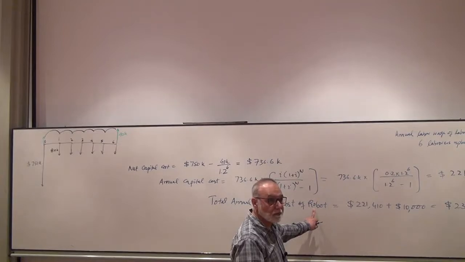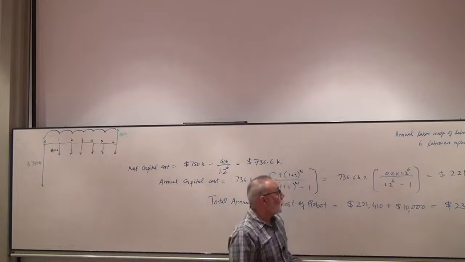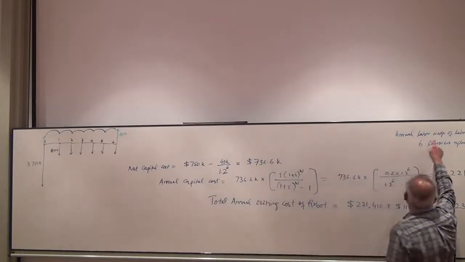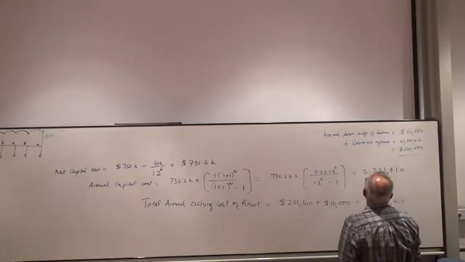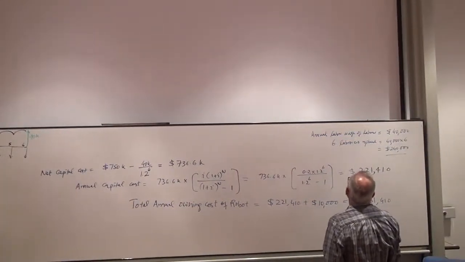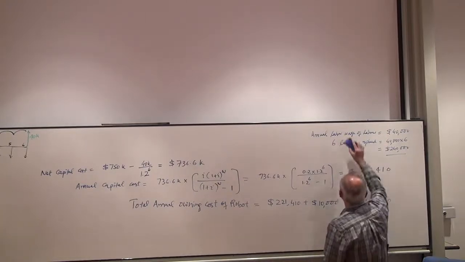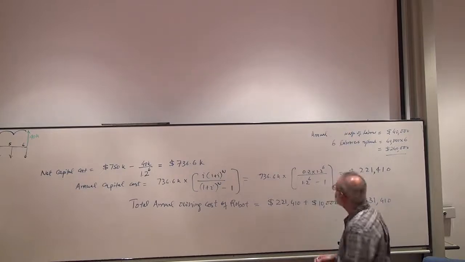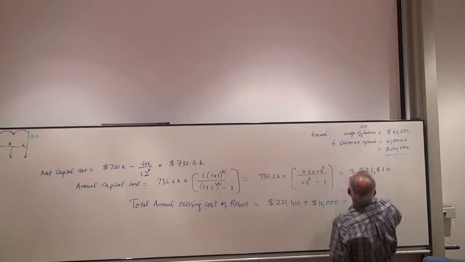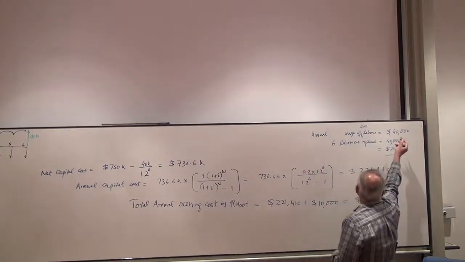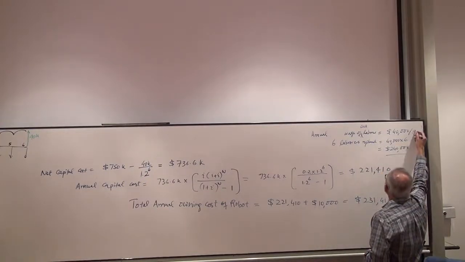Annual wage of one laborer. Okay, the annual wage of one laborer is assuming 40,000, which is per year.